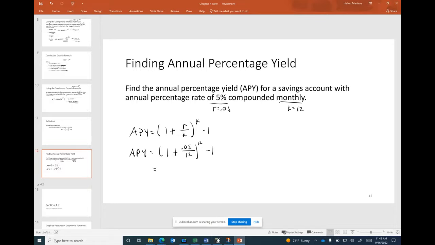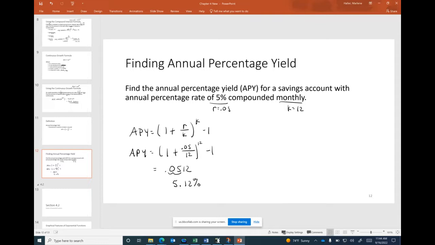Put that into my calculator, and I see that the annual percentage yield here is 0.0512, or as a percentage, moving the decimal over 2 places, 5.12%.